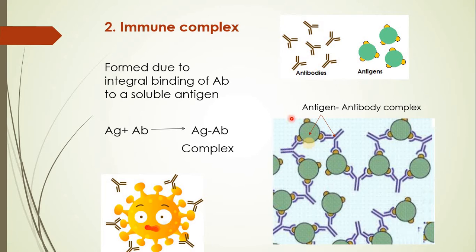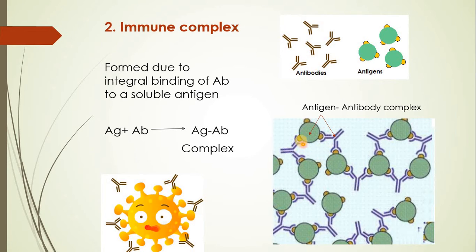It is formed because of cross-linking. Here you can see that not a single antigen binds with a single antibody, but a single antibody can bind with a large number of antigens. That means it is bivalent in nature.